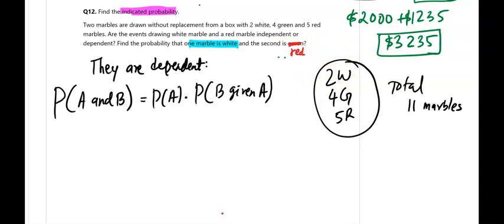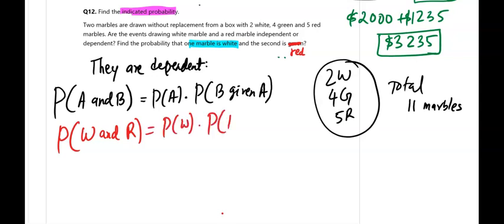So I'm just rewriting this formula this way: probability of white and red equals probability of white times probability of red given white. This is just another format. I replace A by W, white, and B by red.